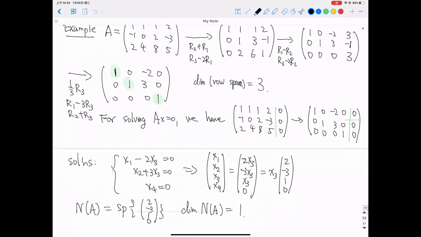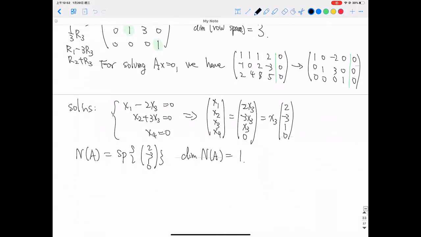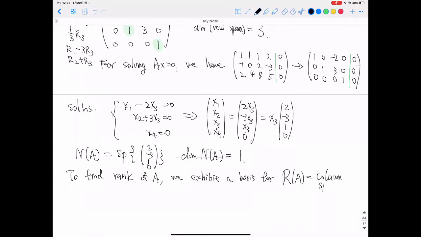So yeah, there's one thing. In fact, we've more or less done that already. So to find the rank of A, we exhibit a basis for the range of A, which is the column space of A.